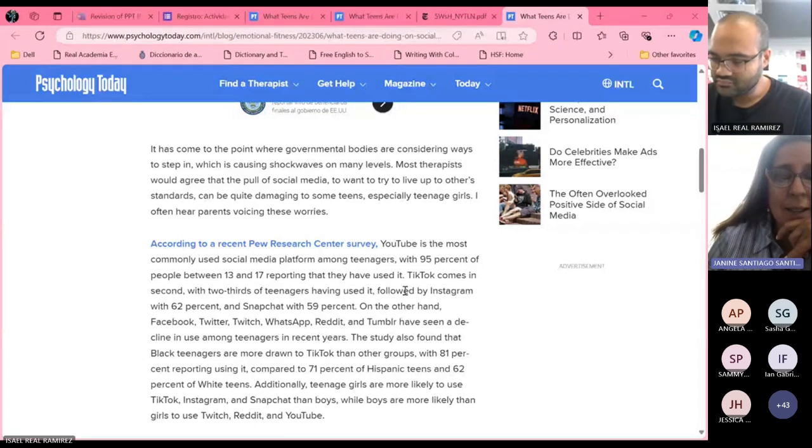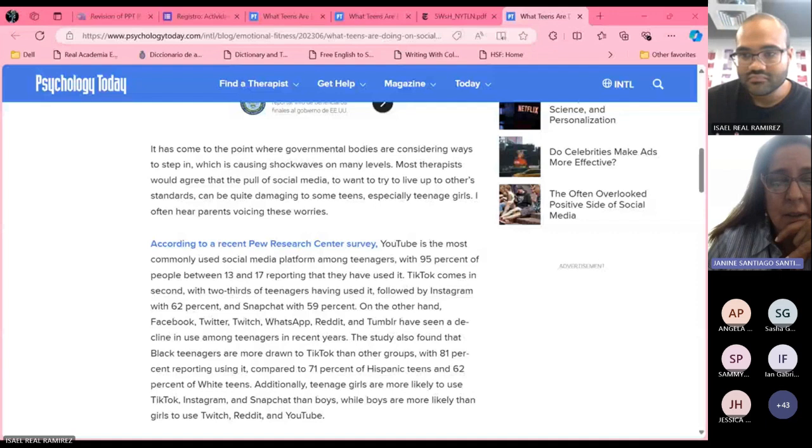Now let's look, but look what it says here, that that type of social media is causing damage to some teens, especially in the area of what? Of mental health, okay?